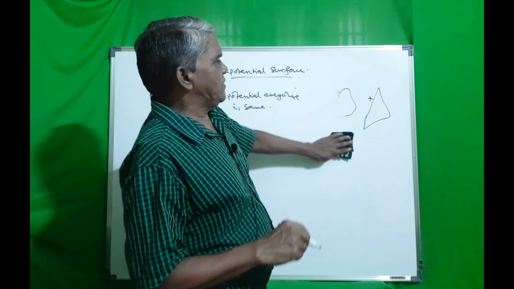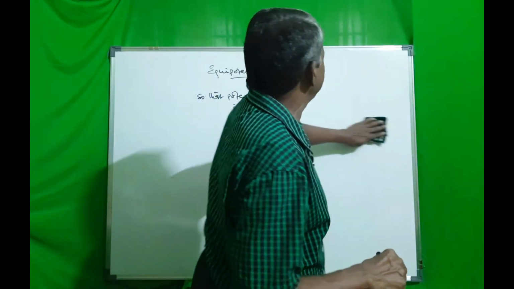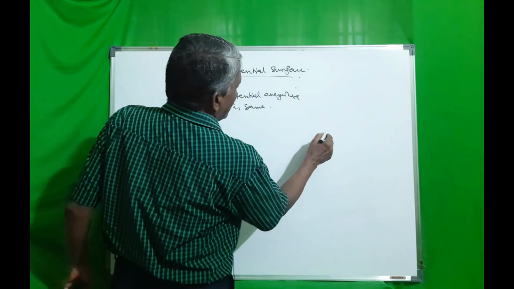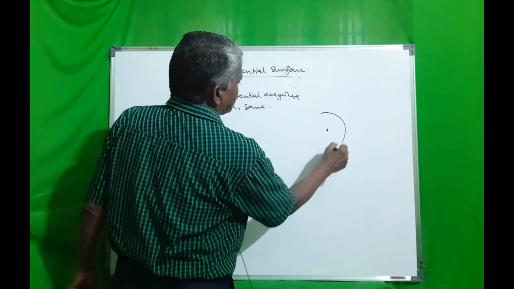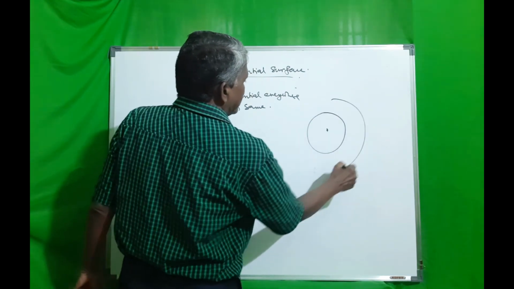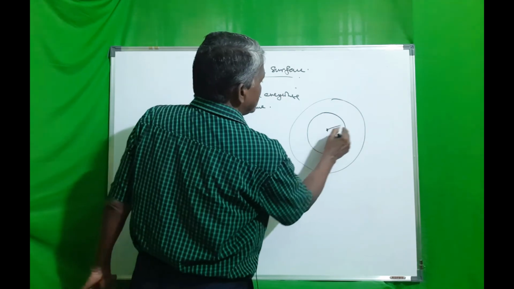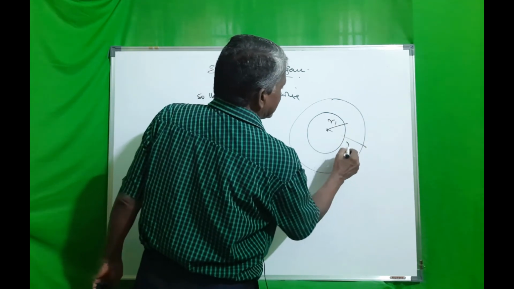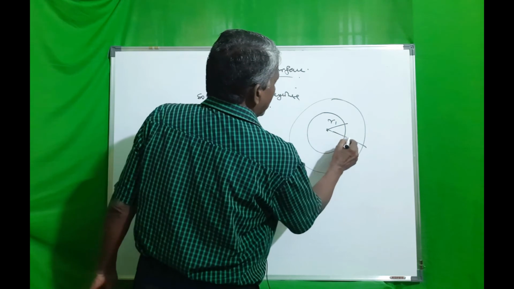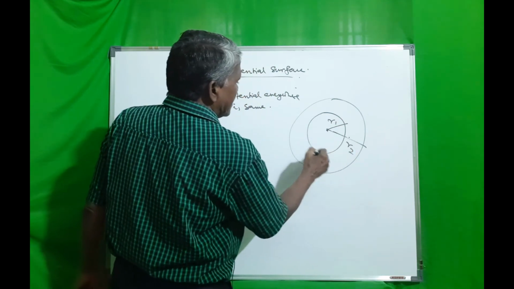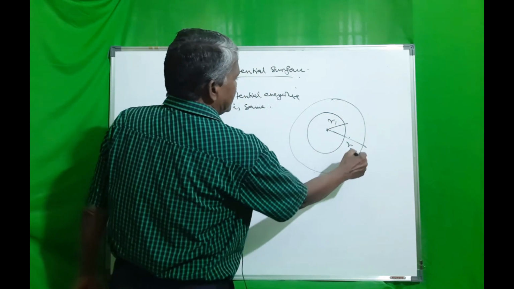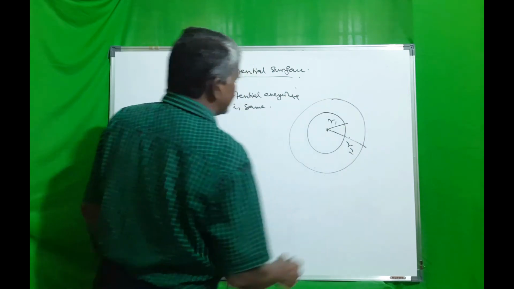And due to a point charge, draw any sphere at some distance. Be it a distance r1, and this is a distance r2. So this is an equipotential surface and this is another equipotential surface.